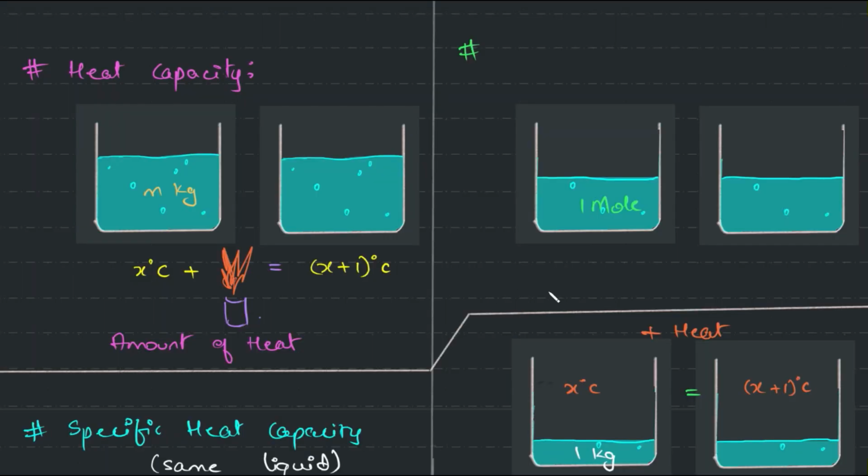So if I have 1 mole at x degrees Celsius, I raise it to x plus 1 degree Celsius with heat, and this heat is your molar specific heat capacity. Okay, so that's your introduction.